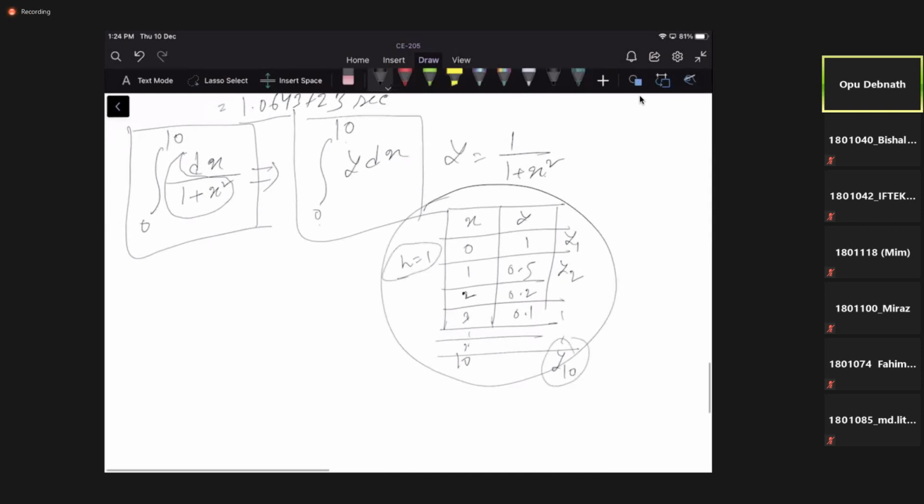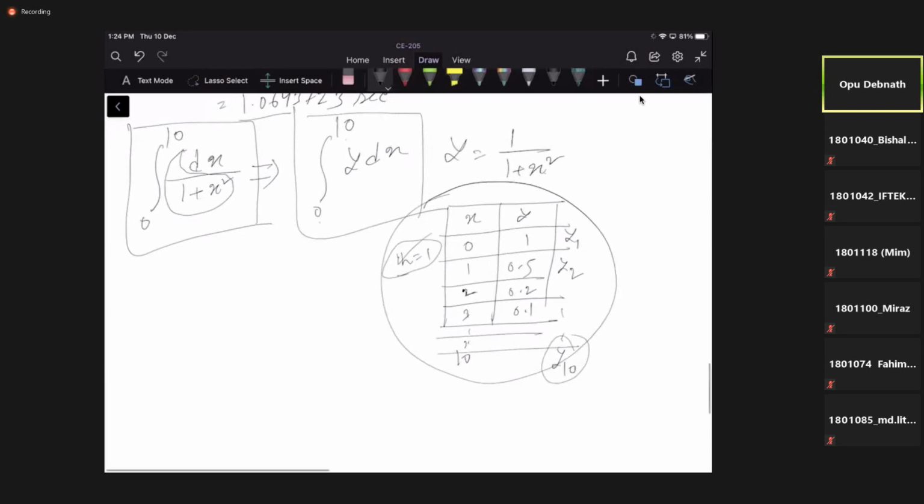In numerical integration, we only need the corresponding y ordinates from the data set, and the h value, that means the equal increment of x. After collecting all this data, you simply follow any rule, Weddle's rule, Simpson's 1/3, Simpson's 3/8, or Trapezoidal, any one, and you will get the total integration value.